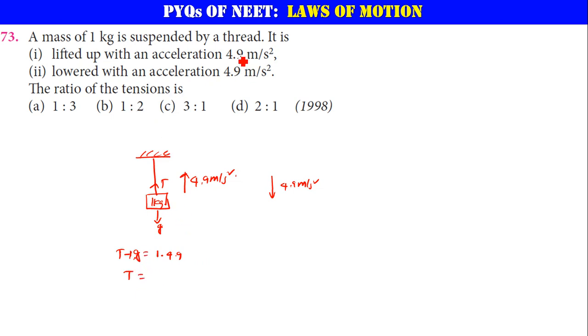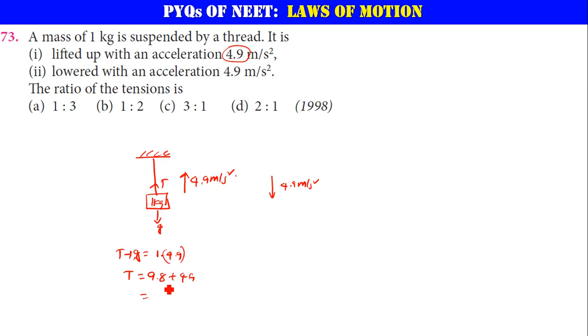Looking at the options, you have to be wise enough to select the value of g. Here it is in terms of 4.9. 9.8 is exactly 2 times that of 4.9, so you have to consider 9.8 as g value. So let me take g value on the other side. That will be 9.8 plus 4.9.